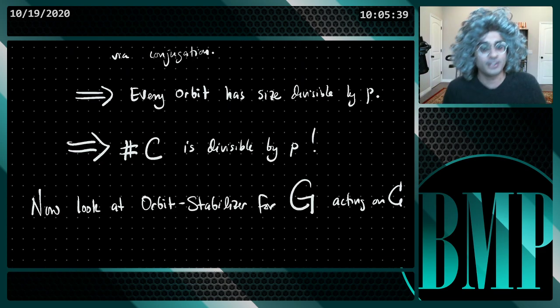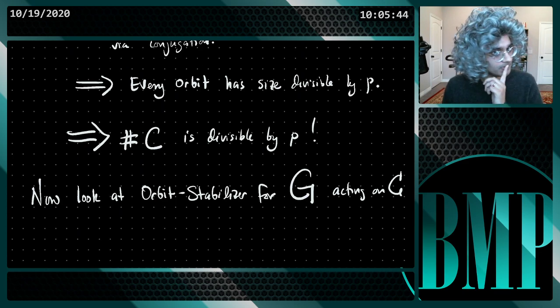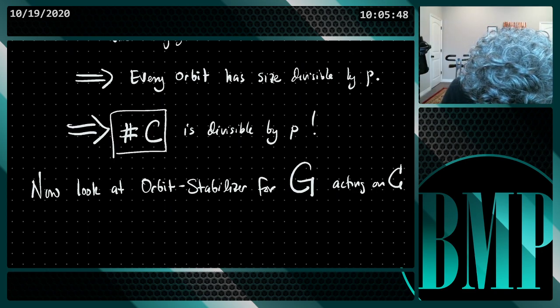Okay, now look at the orbit stabilizer situation for this. C is one orbit.